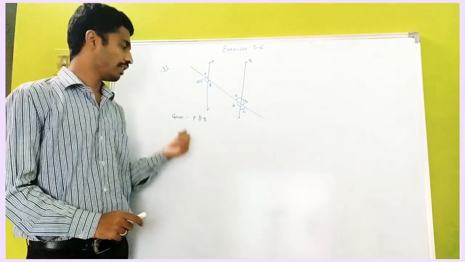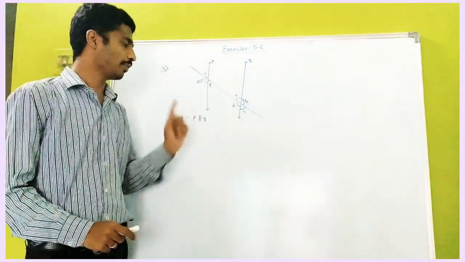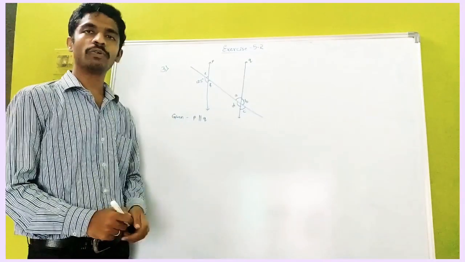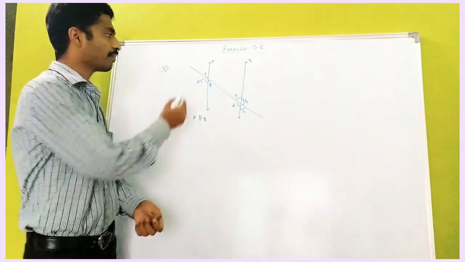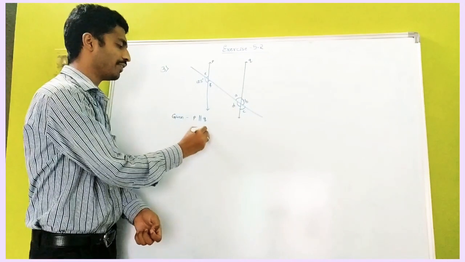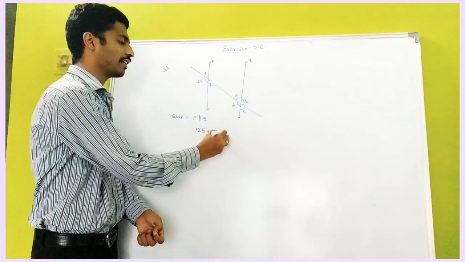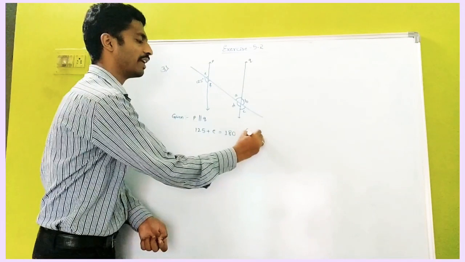Now the third question. Here they gave P parallel to Q, and we have to find the unknown angles. So here see 125 and E. If you add both, 125 plus E gives us 180. Why? Those are a linear pair.